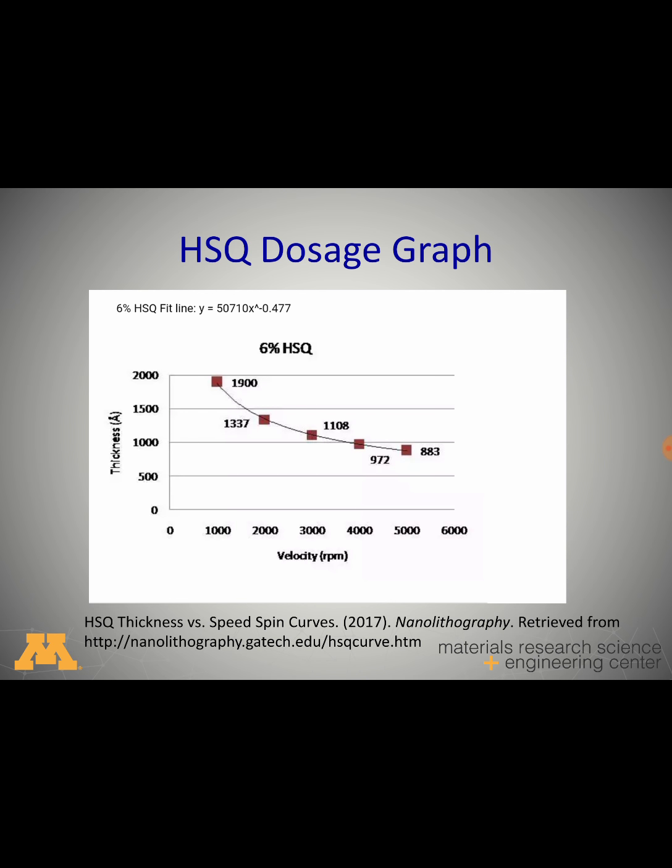Since we're aiming for a thickness of about 110 nanometers, while this is measured in angstroms, 110 nanometers would be comparable with this 1108 angstrom thickness here. So we're going to input 3000 RPMs into our recipe here.